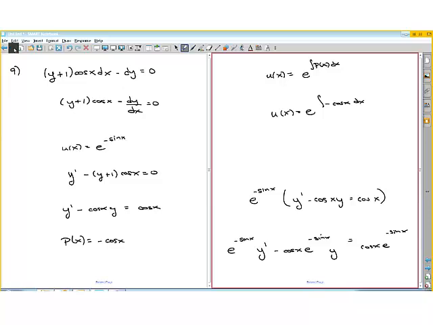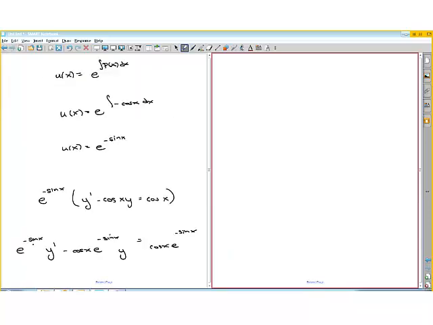Now, because of the way we chose the integrating factor, the left side can be collapsed into a product: e to the minus sine of x times y, and then we take the derivative of that quantity. When we take the derivative, we get y prime times this, which is the first term.